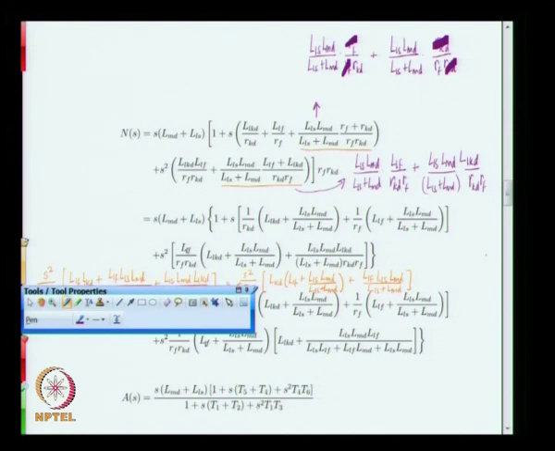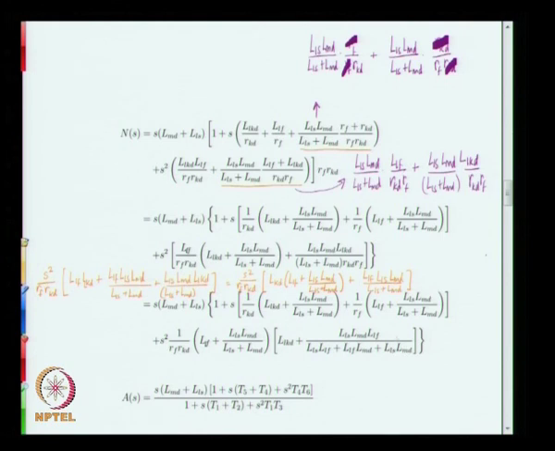What you have here, the last term is LLF LLS LMD divided by LLS plus LMD.